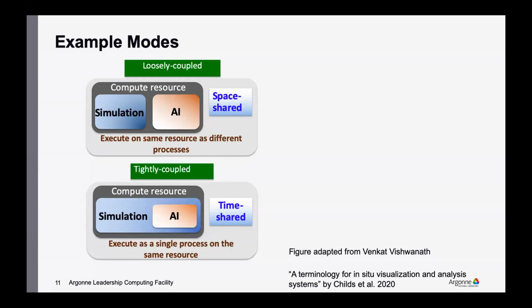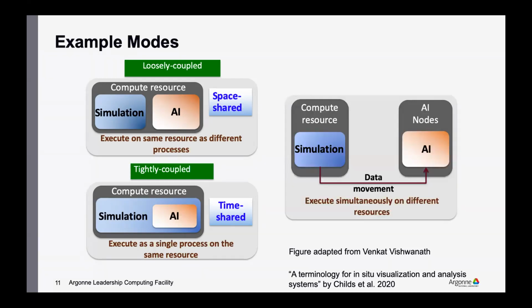Tightly coupled would be like what we're doing today, where the AI is called from the simulation and we're alternating in time. And then you could have the simulation and AI on totally different nodes, and then you need to move the data, but you could be executing them both at the same time. Okay, does anyone have questions on that before Romit goes through the example?